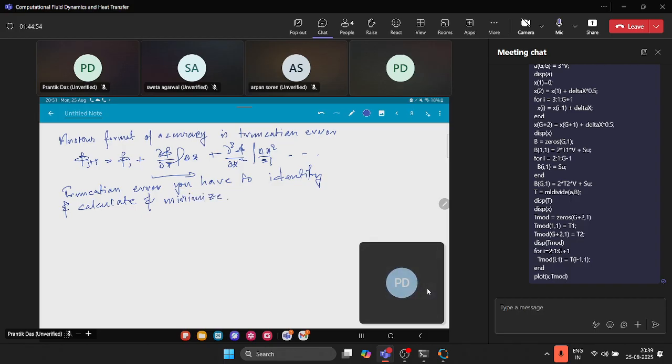So how do you reduce a truncation error, Arpan? By reducing the grid size. Yes, accurate. That's correct. So if I reduce delta x, the truncation error actually reduces.